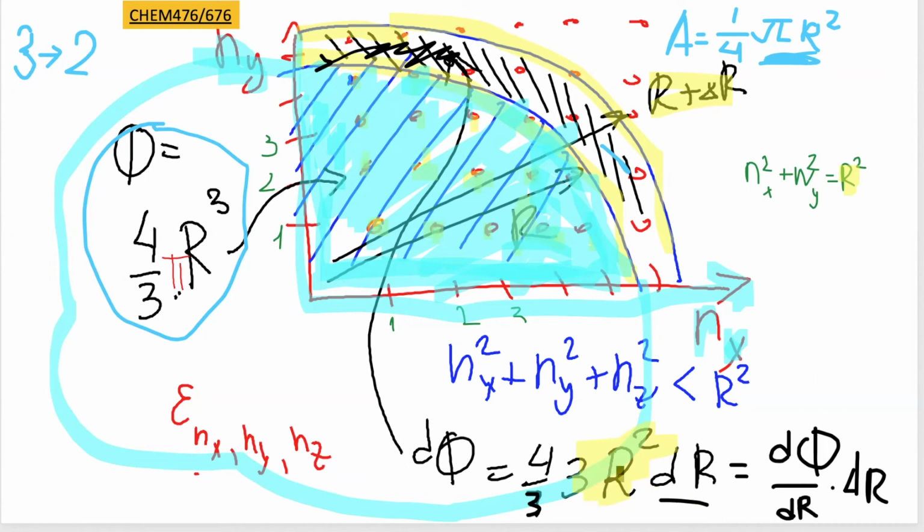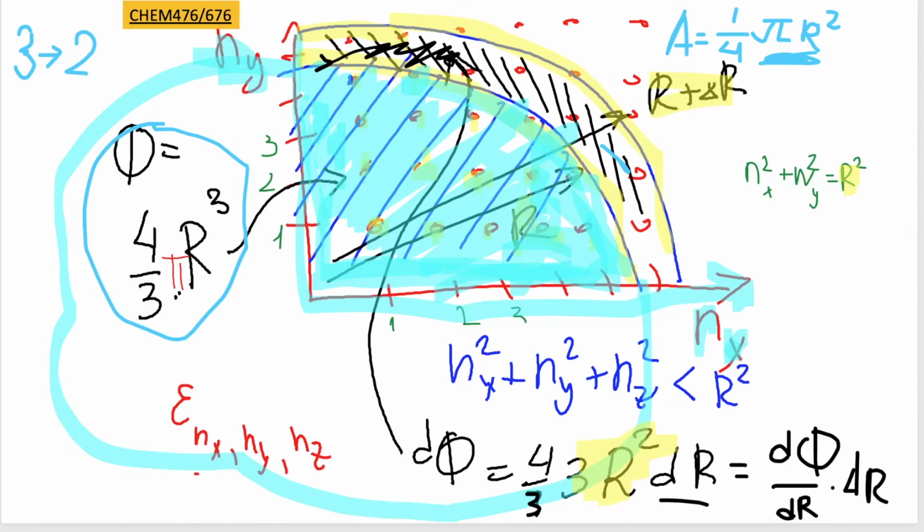So this 3r squared is just the derivative of r cubed, right? So by now we do know the number of states at a given radius in this space.